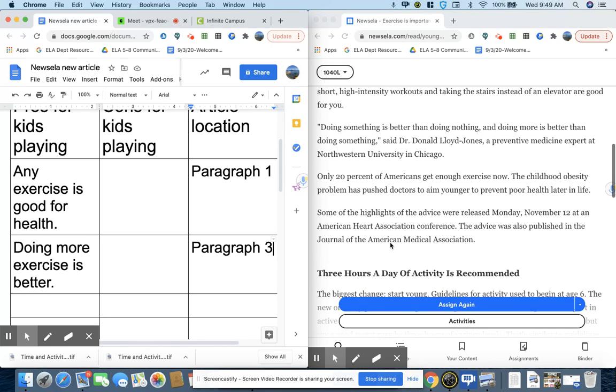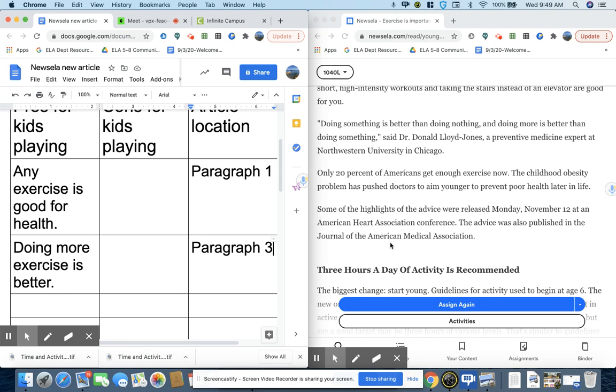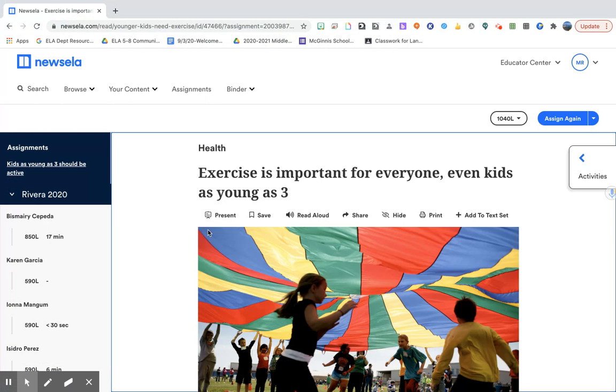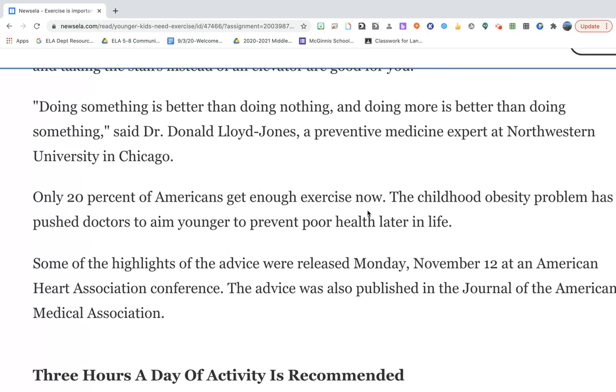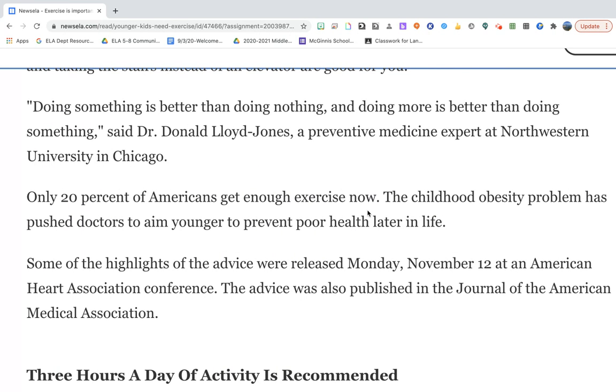Only 20% of Americans get enough exercise now.